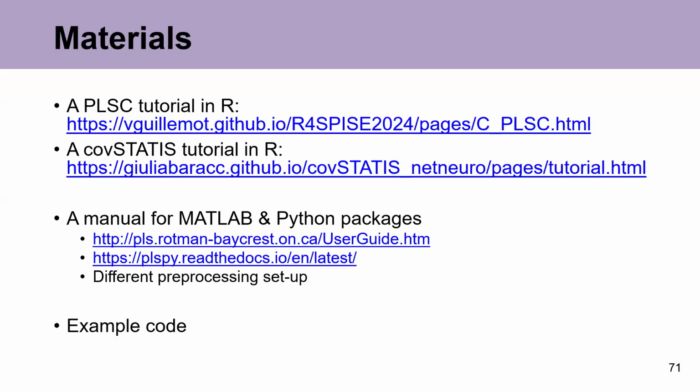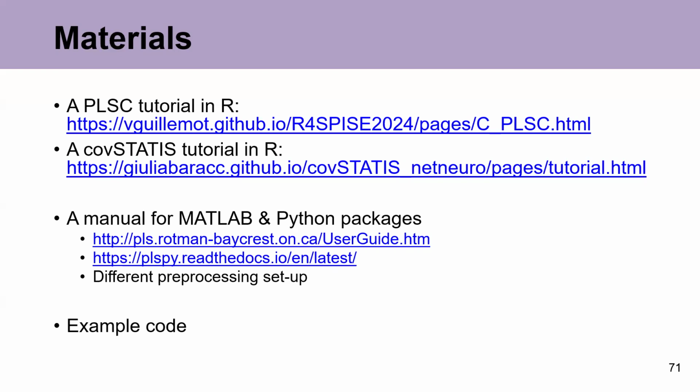If you're doing PLS with MATLAB or Python, there are packages, and I think the most popular ones nowadays is the one that's created by Macintosh groups from Baycrest, and that takes care of brain imaging analysis, like PLS brain imaging analysis.